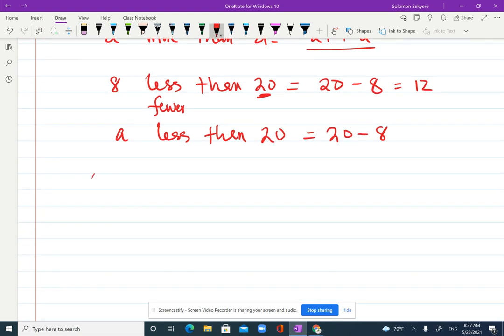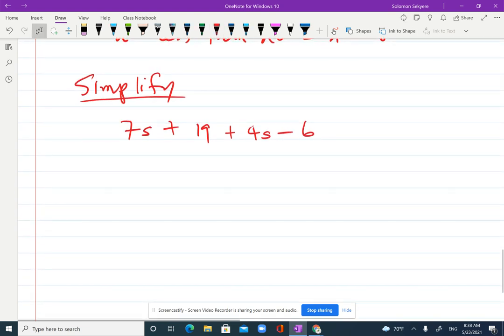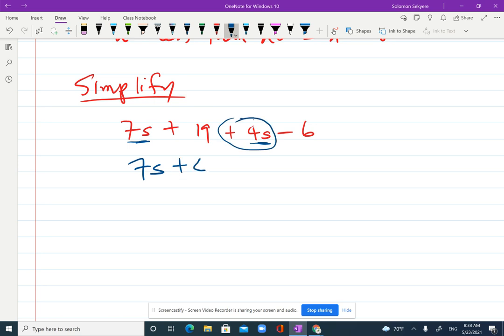What if I ask you to simplify this expression? Simplify 7s plus 19 plus 4s minus 6. Put together the items that are alike. You see the 7s and 4s, we put them together, and the sign before it comes with it, so it's plus 4s.